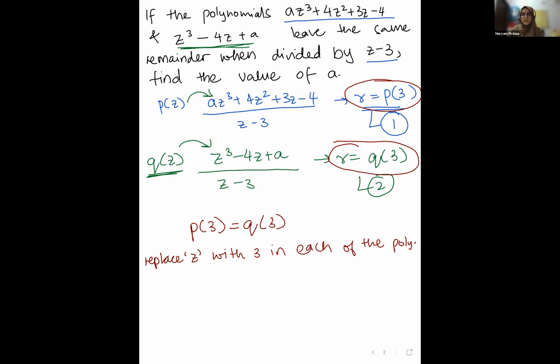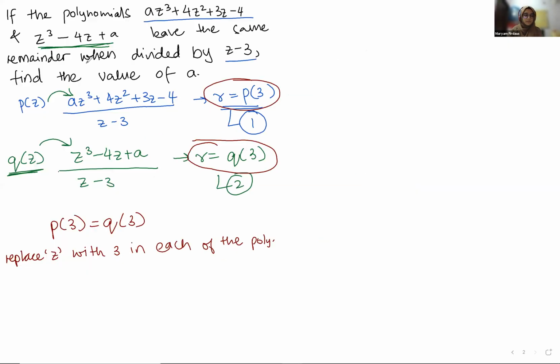Mridula, can you dictate and I'll write it? Ma'am, in the first equation, P of 3 is equal to 4 times 3 cube, plus 4 times 3 square, plus 3 multiplied by 3, minus 4.